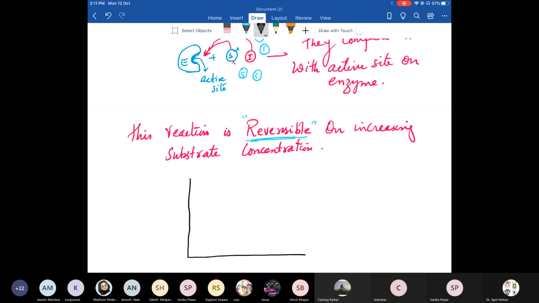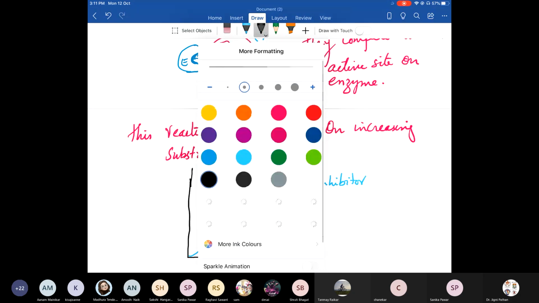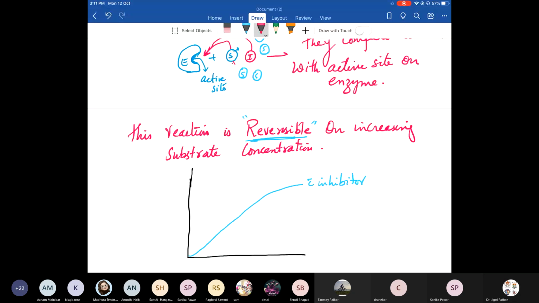The same graph. With inhibitor, without inhibitor.